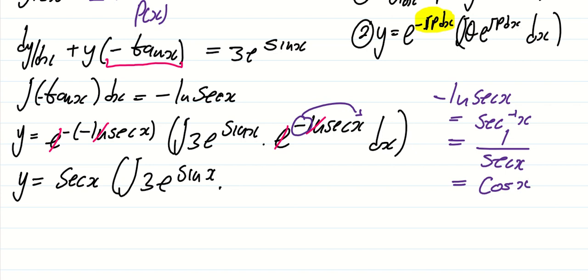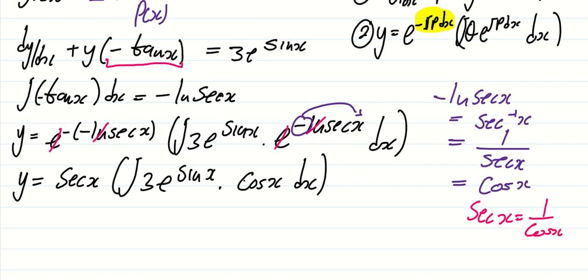So that will be equal to cos x dx. Remember, sec x is equal to 1 over cos x. So y will be equal to 1 over cos x.